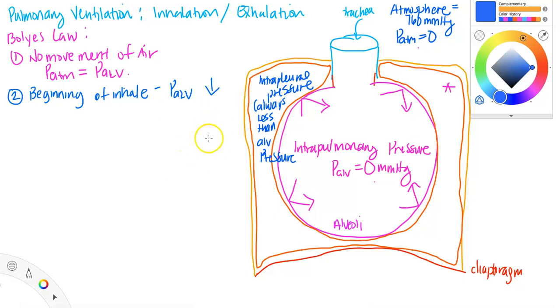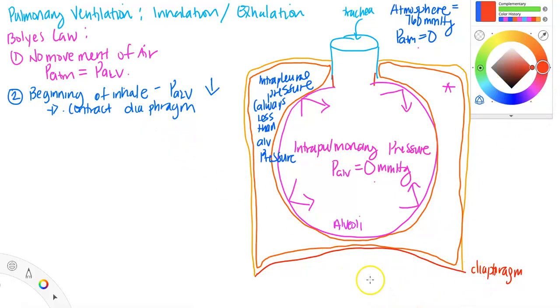Okay, so how is this happening? In order to begin an inhale, what do you have to do? Well, you have to contract the diaphragm. That starts your inhale, the contraction of the diaphragm.